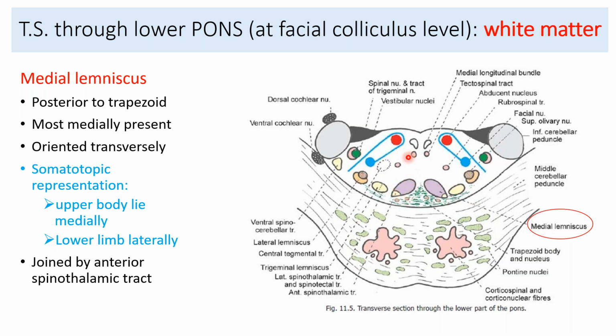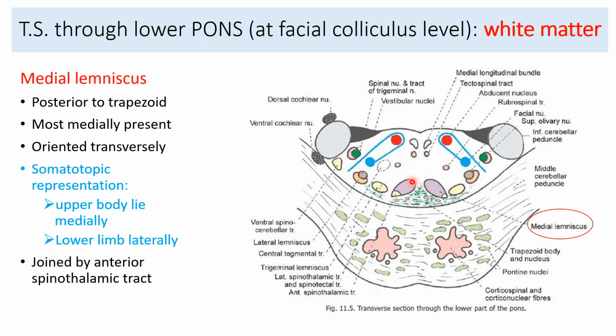This is the most medially present lemniscus, and it is oriented transversely. Remember, in the midbrain it was oriented in the anteroposterior plane, but here it is oriented in a transverse plane. So because the orientation has changed, the upper body fibers which were lying posteriorly, because it has flattened, now the upper body will be represented where?